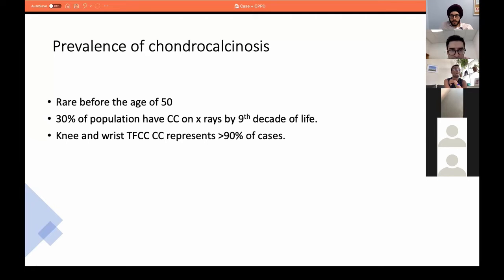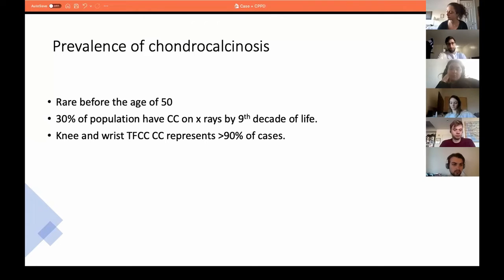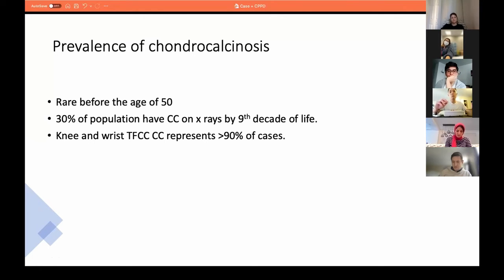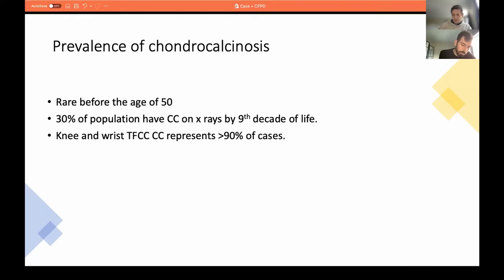As far as prevalence, to get it in patients younger than 50 is rare, but as we go up in age, the chance increases. And now we're talking about chondrocalcinosis. When we say 30% of the population has chondrocalcinosis, we're not saying they have the disease, but that's the incidence that has been found in X-rays of the knees and the wrists.